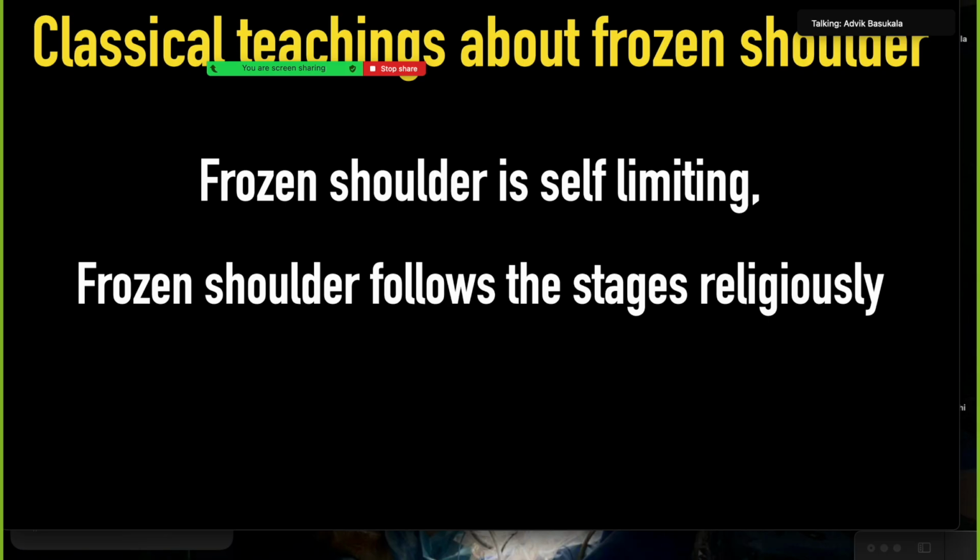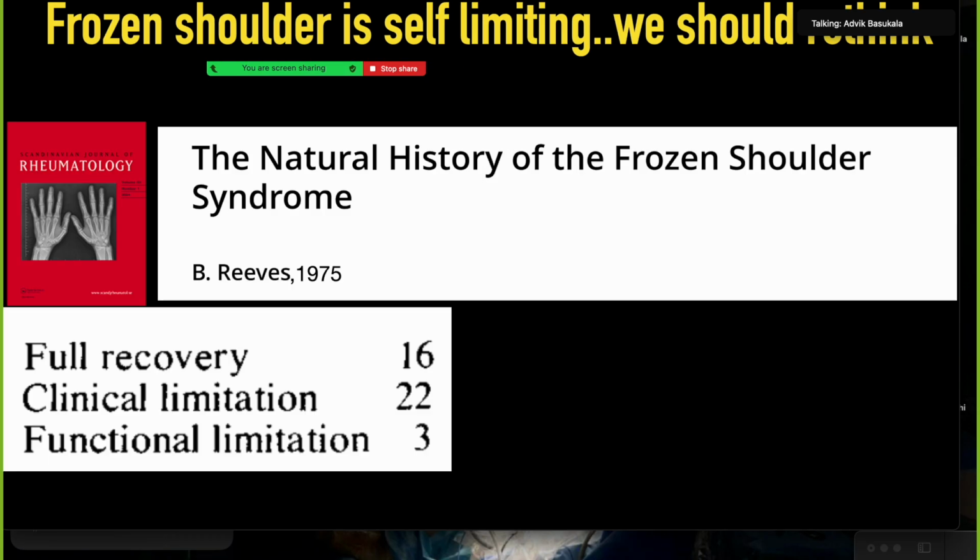That was not a scientific research paper, it was just the clinical judgment of Codman, and he published a paper and everybody started following it because he was a very well-known surgeon at that time. Till today we are following that concept, and much recent literature has shown results against this particular belief.